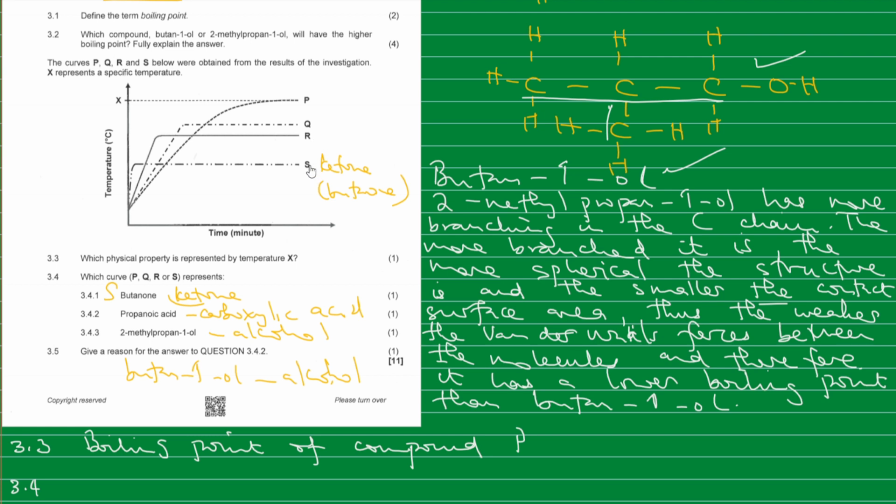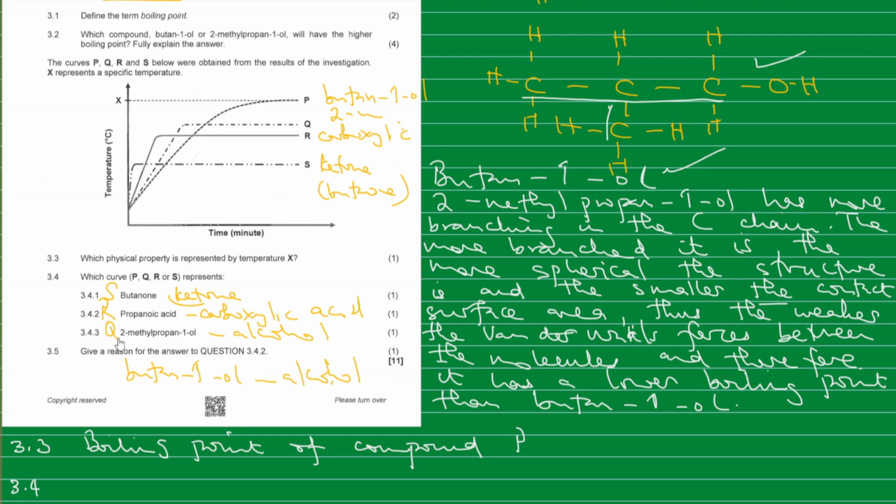And then the second highest boiling point after the ketone is the carboxylic acid. So R will be the carboxylic acid. And what is our carboxylic acid here? It's propanoic acid. So propanoic acid is going to take graph R. And P is the one that has got the highest boiling point, which is the butan-1-ol. So Q would be our 2-methyl-propanol. So Q is an alcohol, which is 2-methyl.